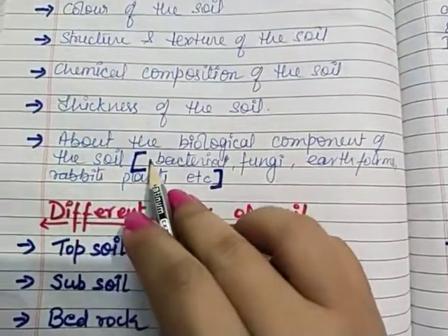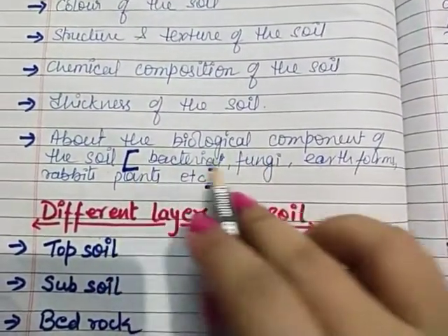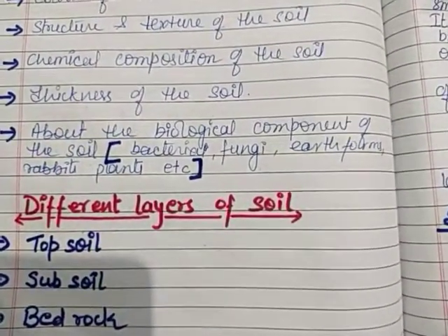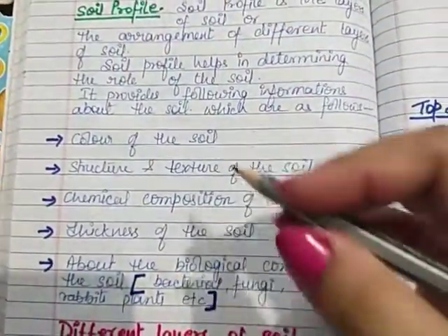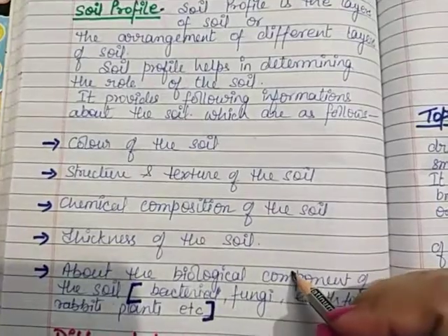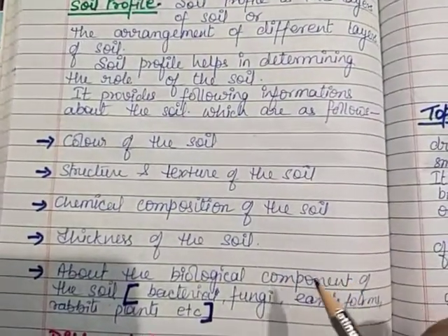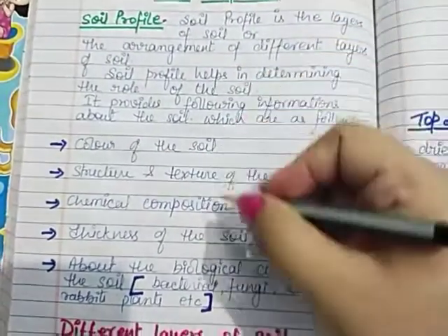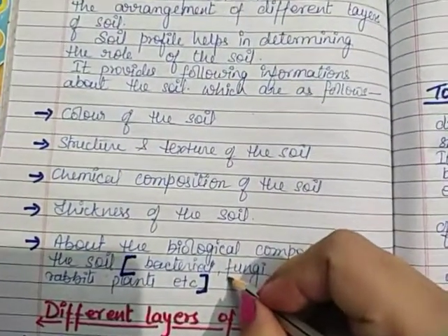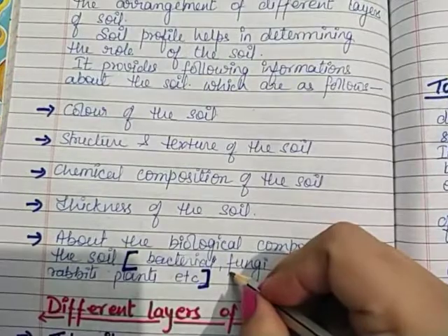So we will get the information about these creatures with the help of soil profile. This is the importance of the study of soil profile, and it is very useful.